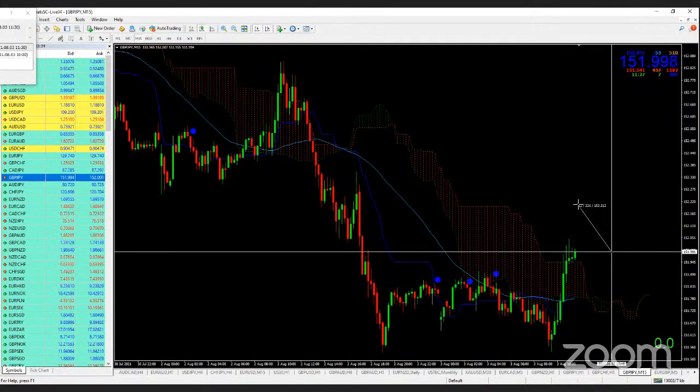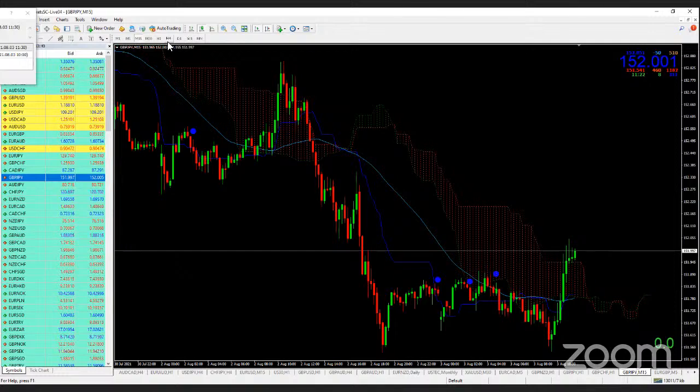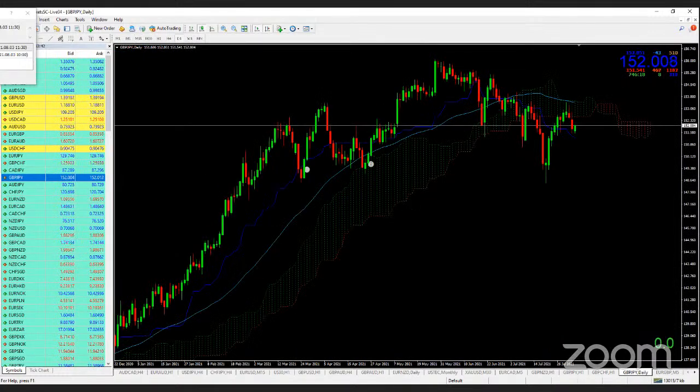Now, the thing is, we've entered a pound pair. I usually don't like trading correlated pairs. And by correlated pairs, I basically mean getting into trades that have the same currency.